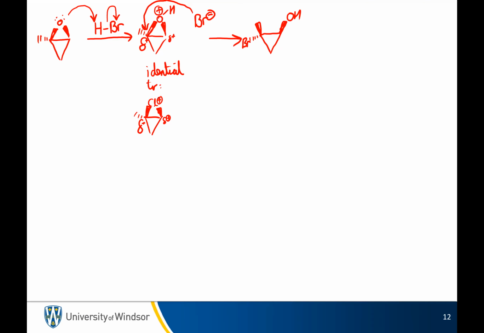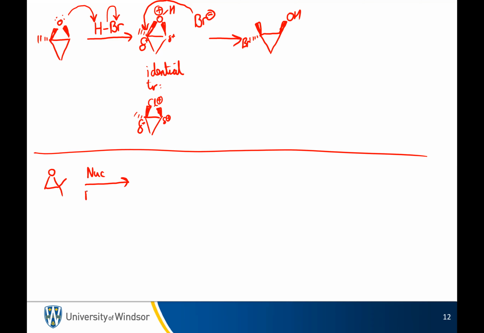So what we've done here, if we summarize all this: nucleophile, basic conditions, goes to the least hindered carbon.